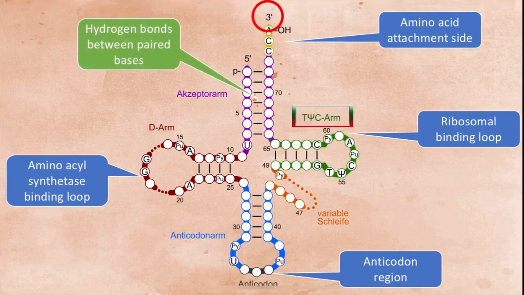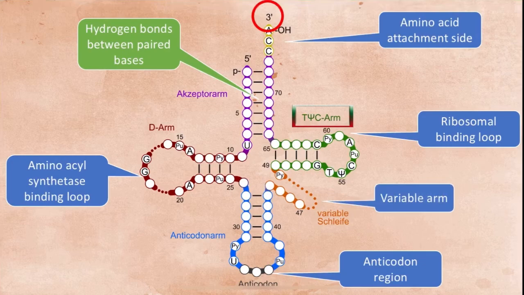After that, as you can see over here, the strand is binding internally with itself with hydrogen bonds between all the paired bases. And one more small arm is known as the variable arm. Sometimes it may not be present because it is an extra arm.